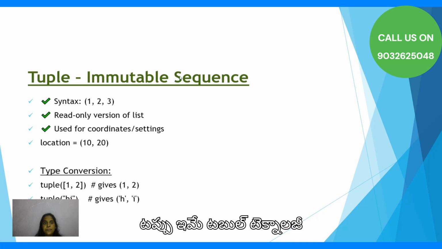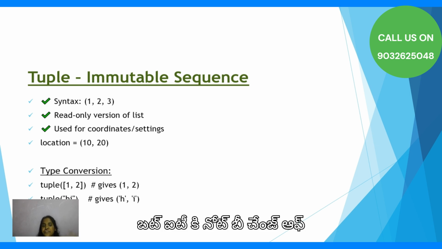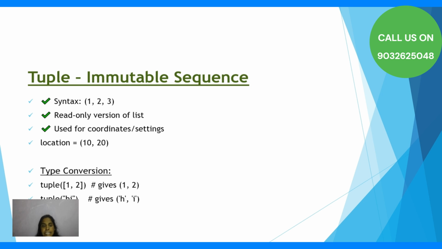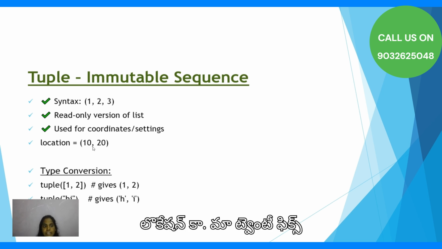Tuple, an immutable sequence. A tuple is similar to a list, but it cannot be changed after creation. It is used for fixed data like coordinates. See the example: location equal to 10 comma 20. It is fixed.